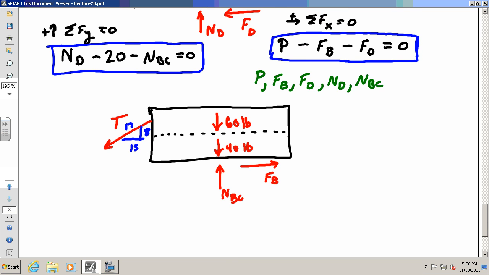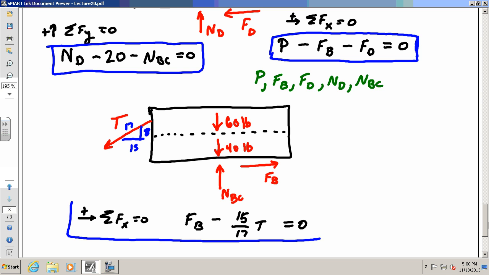I believe I can write a couple more equations. Watch this. Sum of forces in the x direction equals 0, right being positive. What do we got? Well, you got FB minus 15/17 T equals 0. That's pretty easy, right?